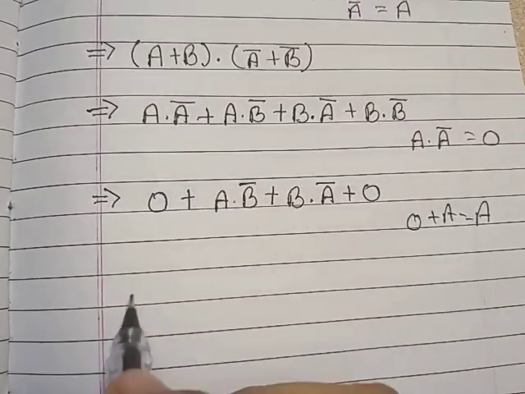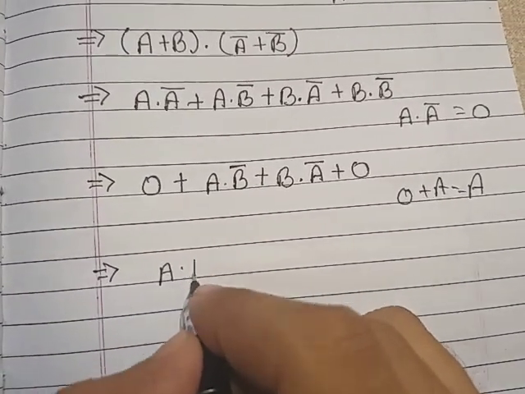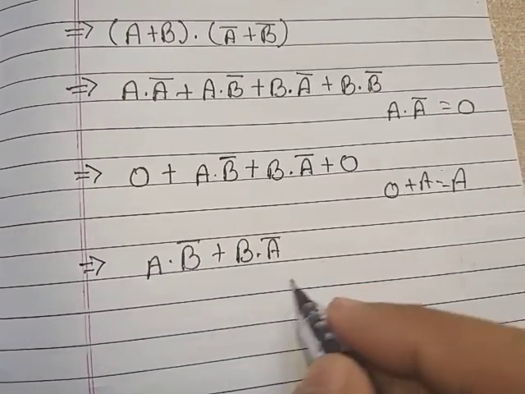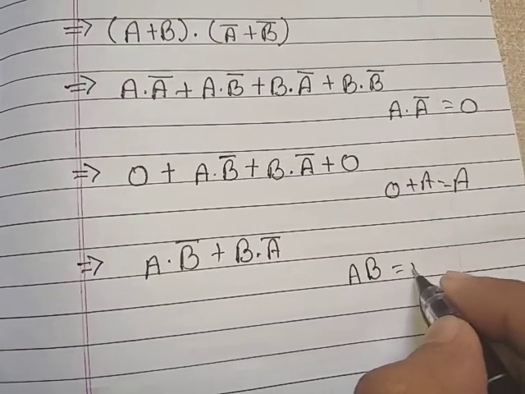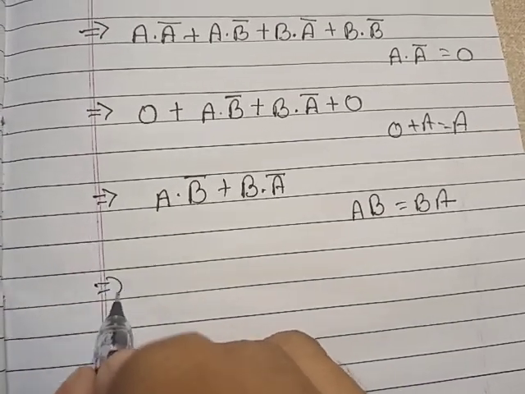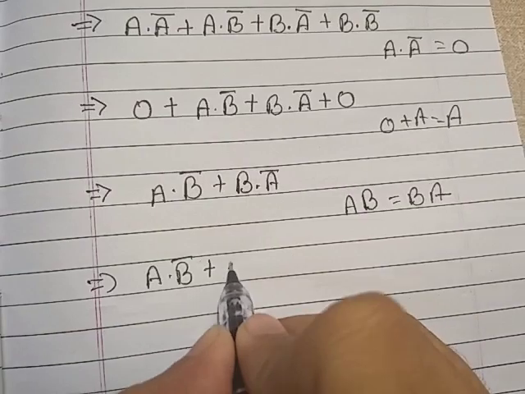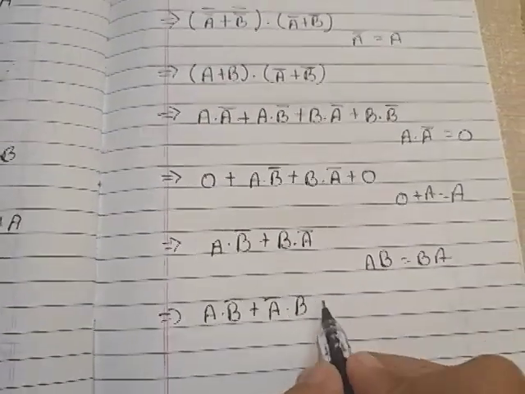So we have a dot b bar plus b dot a bar. If I want to write this in cyclic, I will use a dot b is equal to b dot a. So I will get a dot b bar plus a bar dot b. That's it.